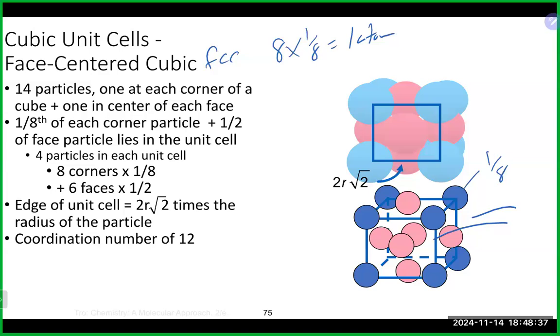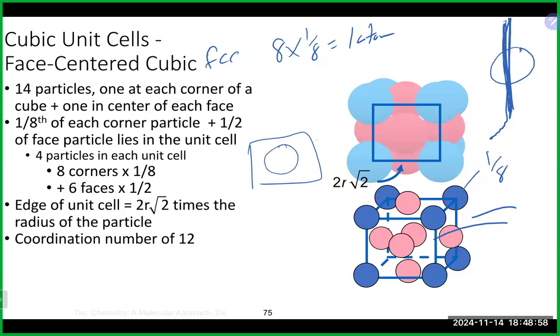Different on this one is that it has an atom that is being dissected right on the face of the cell, of the cube. It will cut that atom right in half. You have 6 faces on a cube, right? So you have 6 sides to a cube, and each has an atom that's chopped right in half. So that gives us 6 times a half, which gives us 3 more atoms. And that gives us a total of 4 atoms here.